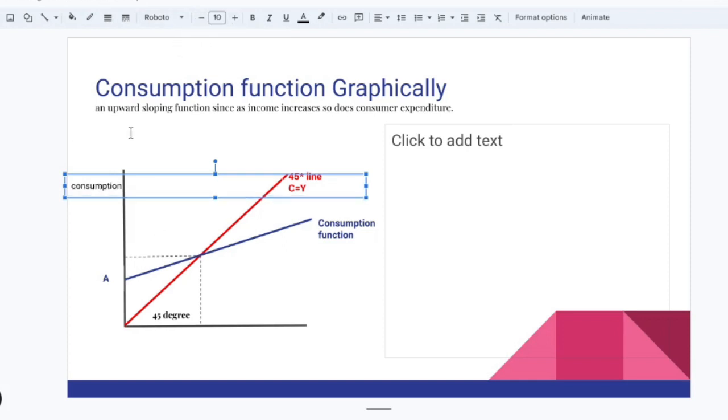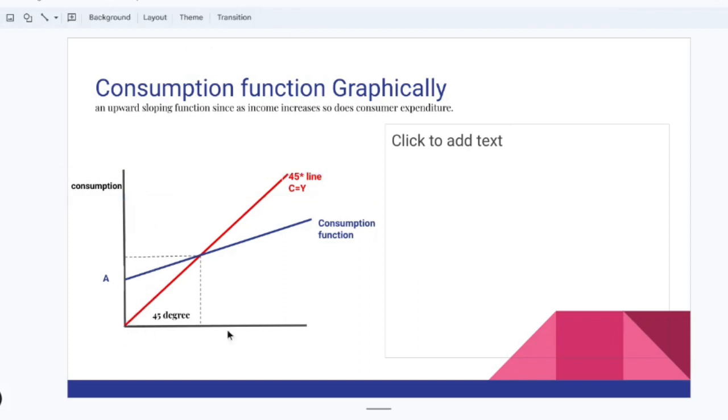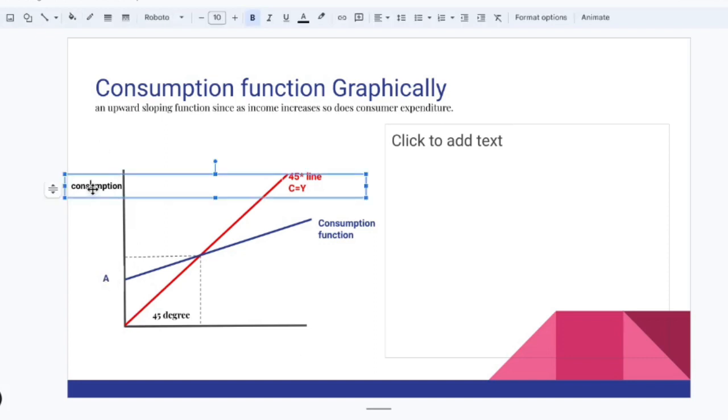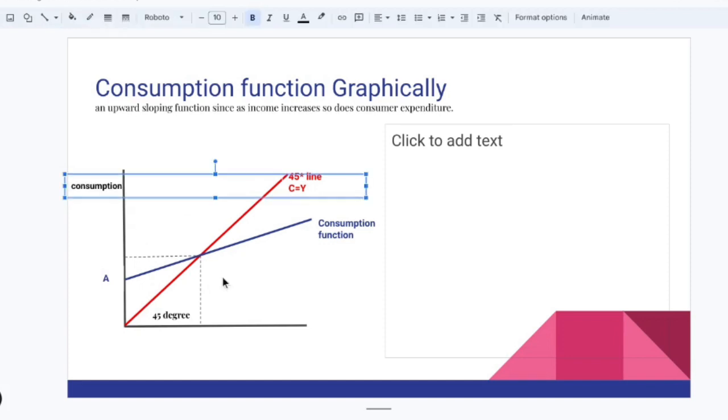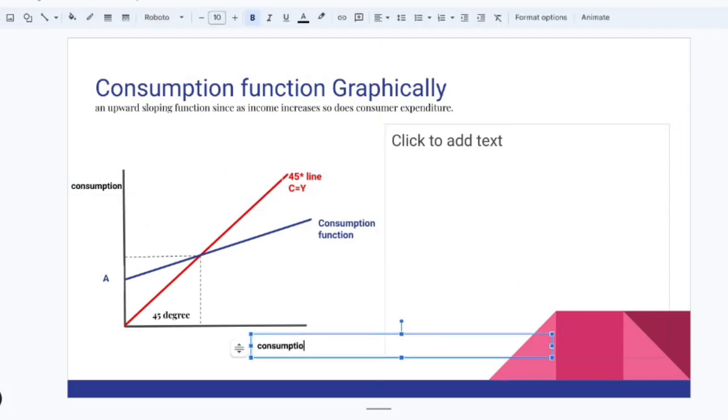And right here would be income. I don't know why these labels aren't placed properly.